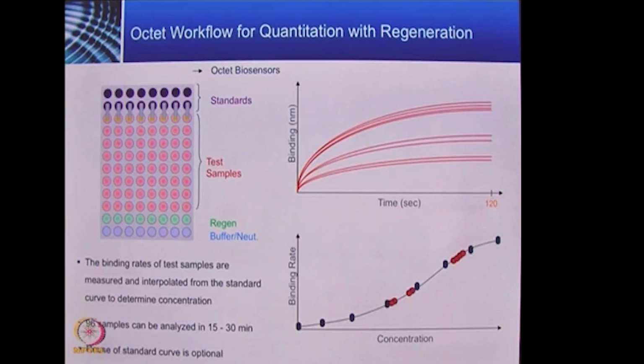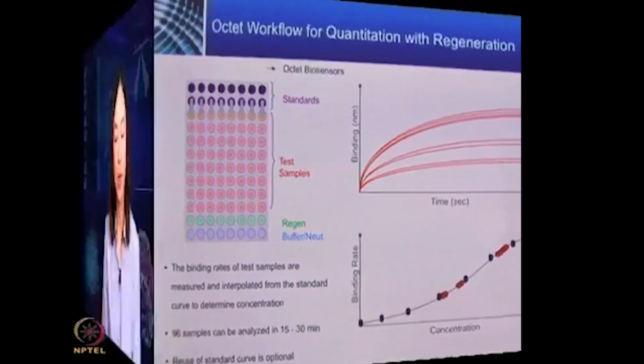One advantage of using BLI technology to analyze the concentration of molecules is that it is able to analyze multiple samples at the same time. And it only takes about 15 to 30 minutes to finish analyzing 96 samples.